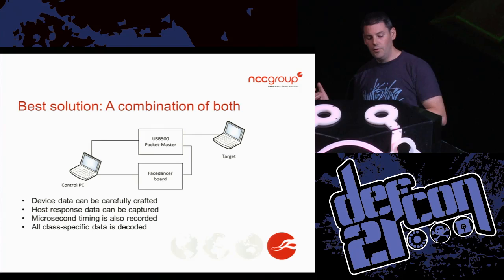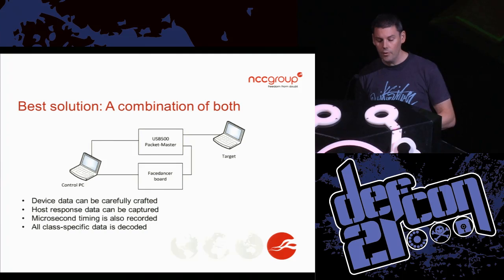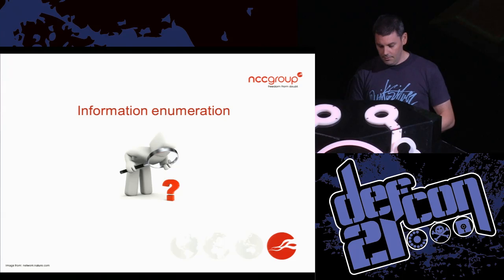And you can use the Packet Master or any other appliance to capture the traffic coming back and do all the class decoding for you. Also, the Packet Master has microsecond timing, which can potentially be useful, as we'll talk about in a minute.